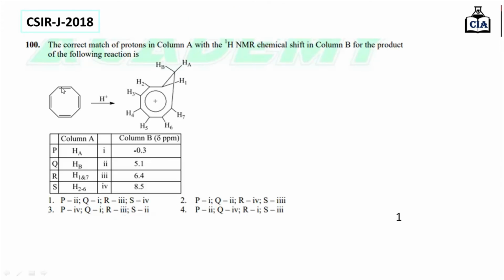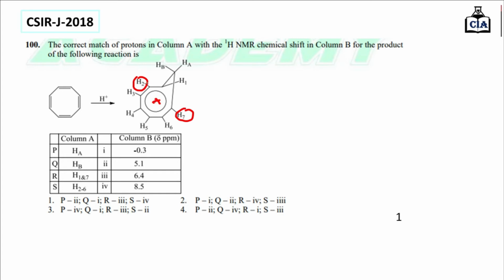Now next question from the CSIR June 2018. In this question we have to match the hydrogen and chemical shift value. If you look at this structure, this H2 proton and this H7 proton, and here the positive charge indicates that this ring has a positive charge due to reaction with H+ ion. So this ring has a de-shielding effect.